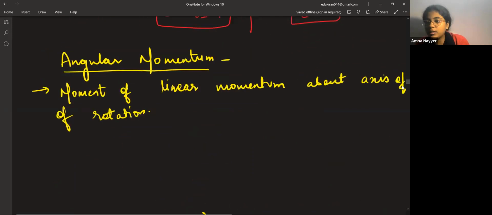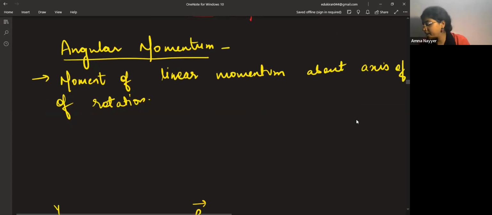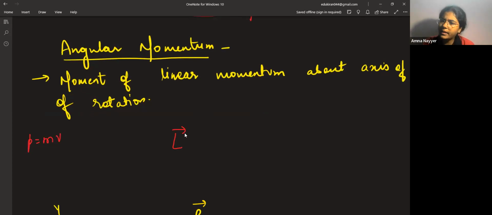Similarly, analogous to it, you have angular momentum. So angular momentum is the moment of linear momentum about the axis of rotation. You have the formula P is equal to mv. Here, angular momentum is represented by the letter L. So mass into velocity is one formula. This we'll see later.